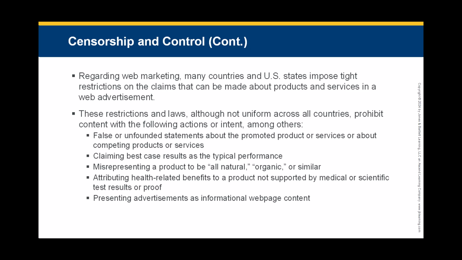While censorship is often associated with political content or social media, it also plays a major role in how products and services can be promoted online. Many countries, and even individual U.S. states, impose strict legal restrictions on advertising claims made on websites.